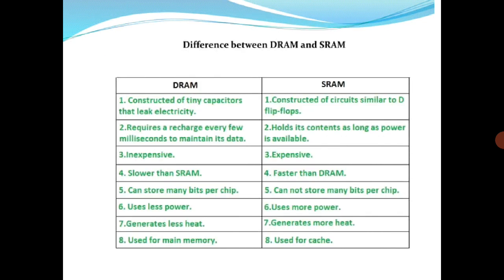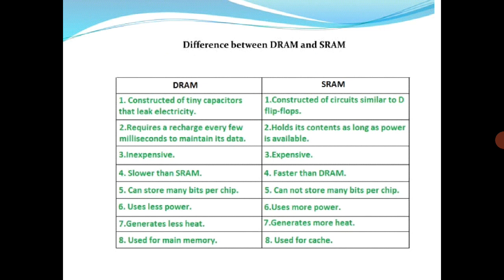Dynamic RAM and static RAM are compared in this comparison table. Dynamic RAM is constructed with thin capacitors that leak electricity. Static RAM is constructed with a circuit similar to a D flip-flop. It won't leak electricity. Dynamic RAM requires a recharge every few milliseconds to maintain its data, but static RAM holds the contents as long as the power is available.